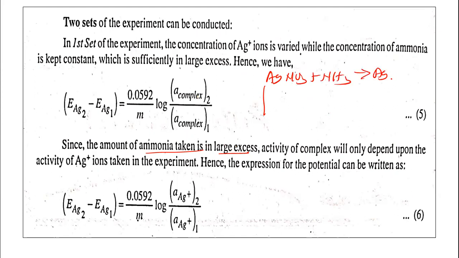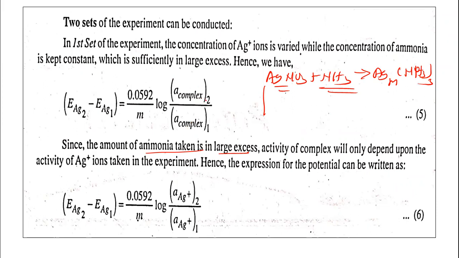Silver nitrate reacts with ammonia solution and forms the silver ammonia complex. The activity of the ammonia is the same here. So the activity of the complex depends only on the activity of the silver ions. In place of the activity of complex 2 and complex 1, the activity of the complex is equal to the activity of the silver ions.